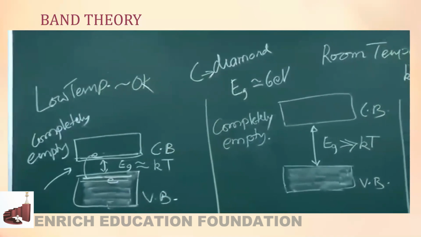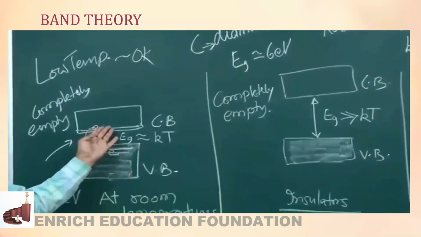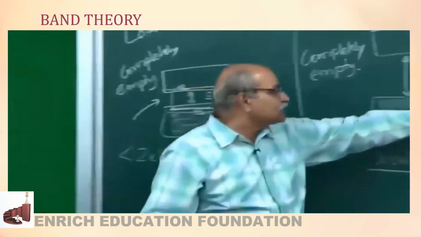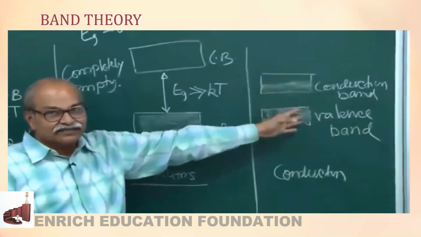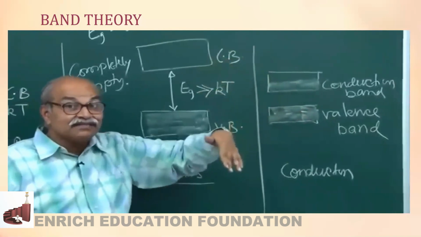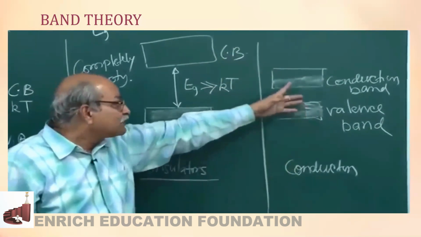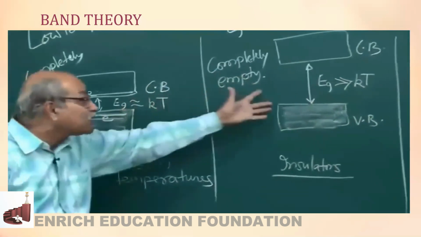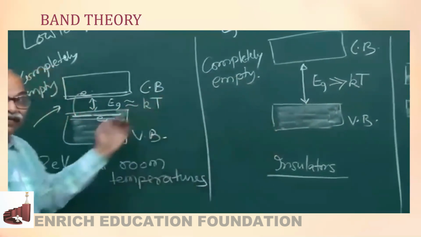Of course, the number of electrons here or the number of vacant states here is still very small as compared to the conductor case, and therefore the electrical conductivity will be very, very small here compared to that case. But as compared to the insulator, it's very, very large here.